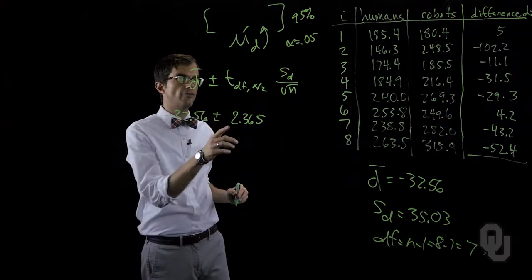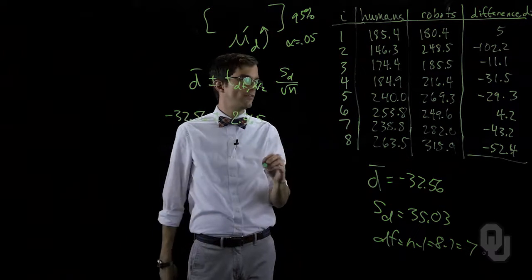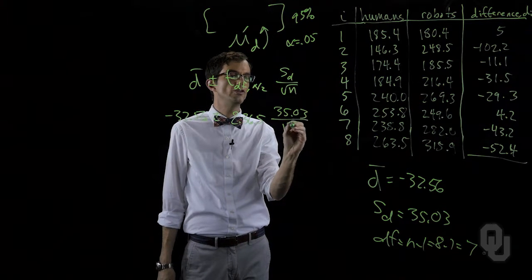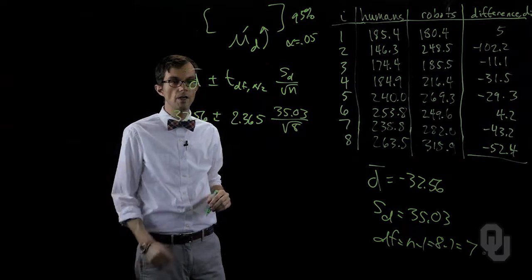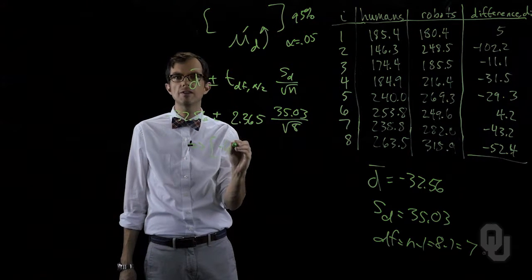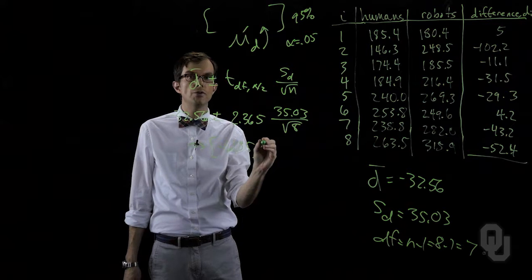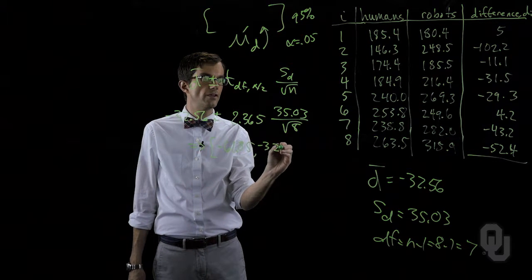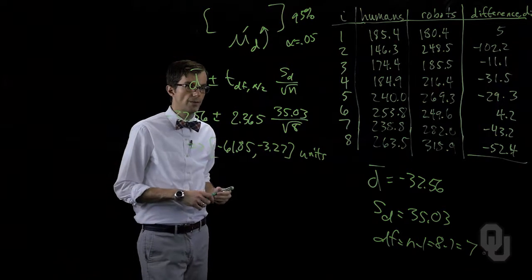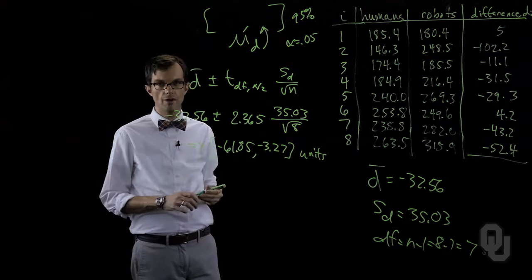Add to that, subtract from it, 2.365 times s sub d, 35.03, divided by root 8. That's just arithmetic. If we work that out, we get negative 61.85 up to negative 3.27 throughput units. And that's with 95% confidence.